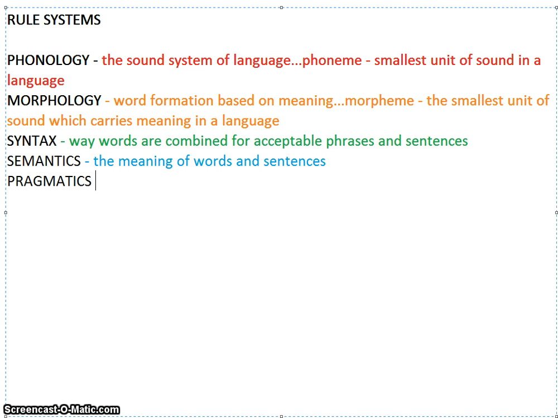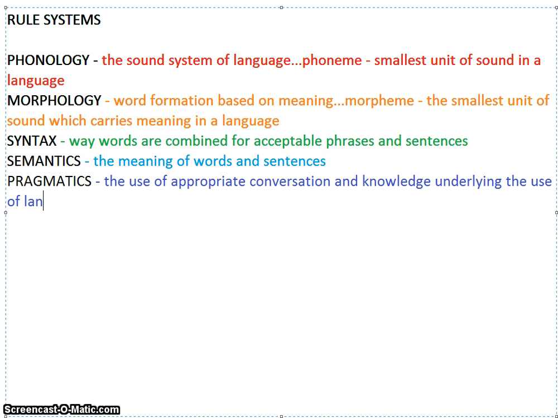And then finally, you have pragmatics. Pragmatics is the use of appropriate conversation and knowledge underlying the use of language in context. So there's a couple of different ways this works, and we'll talk about the ages again that these develop in class.